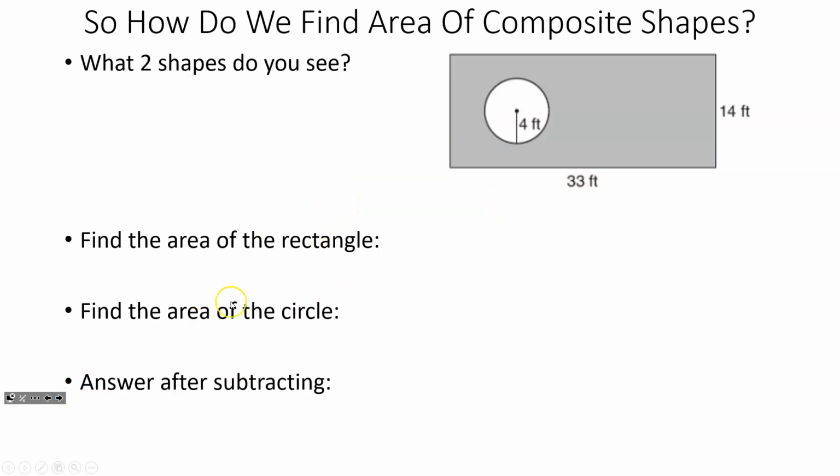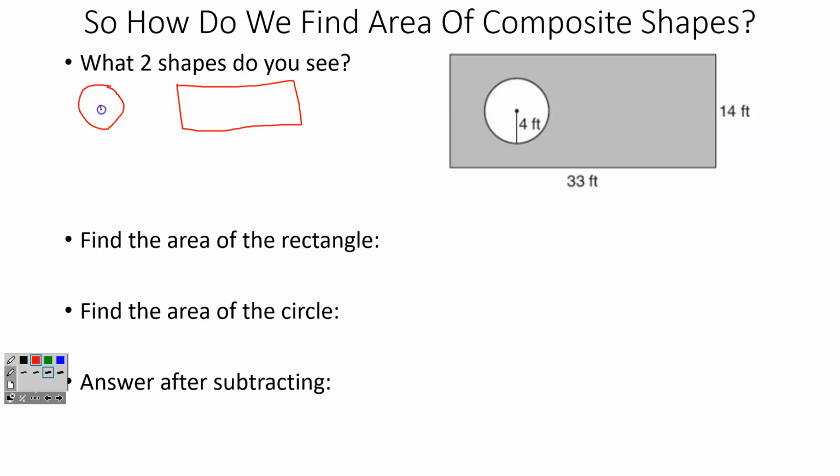So here's an example. First thing you should be asking yourself is, what two shapes do you see? Well, when I look at this, I see a rectangle and I see a circle. So I'm just going to go ahead and draw those. I understand they're not perfect, and that's okay.